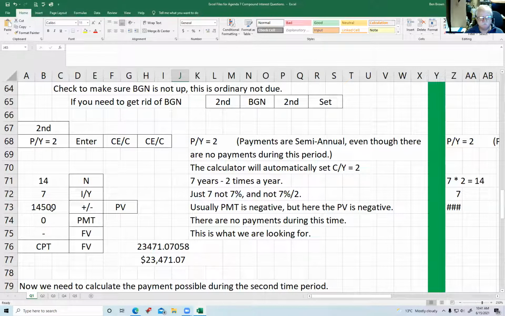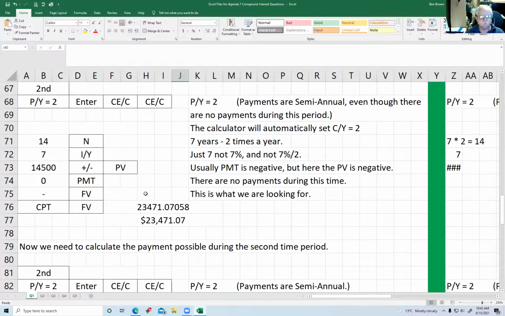The 14,500, the cash flow concept says that has to be negative because the money is going into the investment. For the first 7 years, there's no payments. And we don't know the future value, so we ignore it. And we compute the future value, and we get the same answer we would have got with Excel.